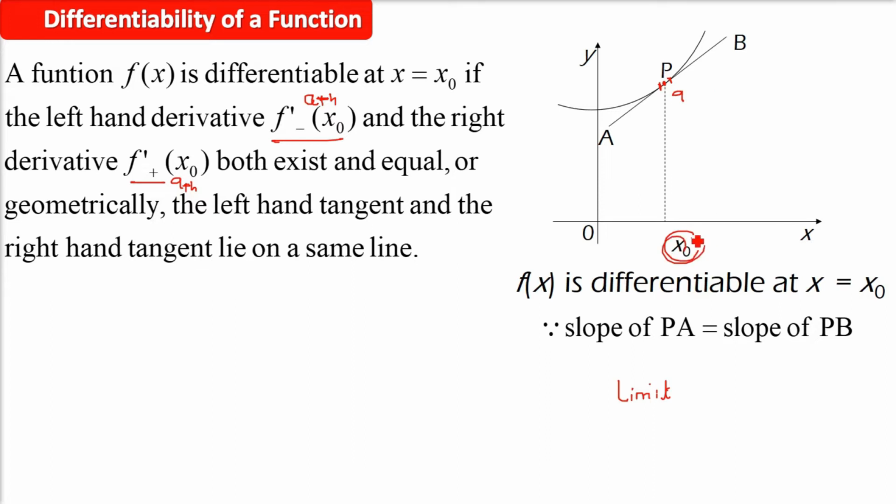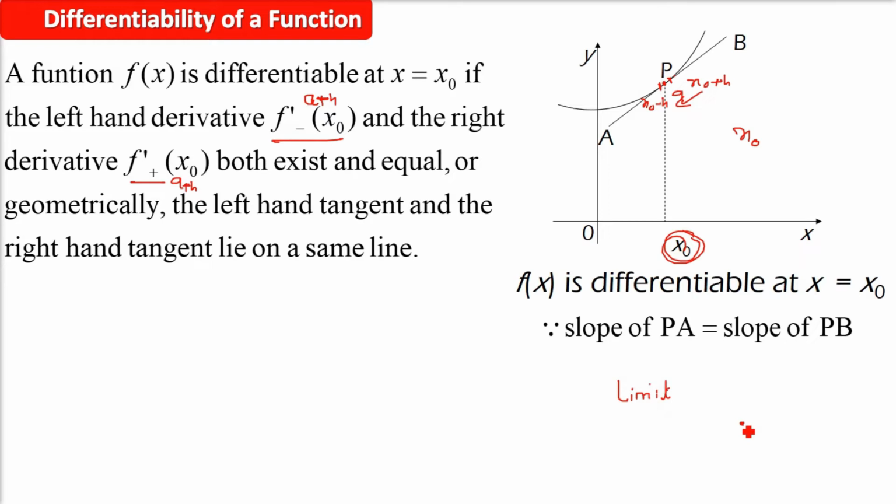That is at x0, in order to find out the differentiability at x0, we just move a very infinitesimally small amount, that is called h, where h tends to 0. And we need to find out whether these limits exist or not. Left hand limit and right hand limit need to exist and they should be equal.